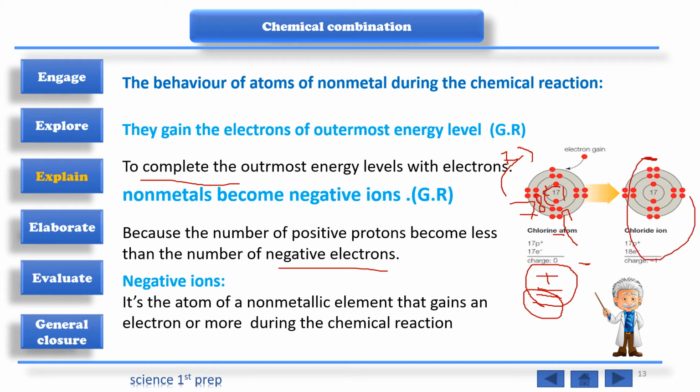It is the atom of a non-metallic element that gains an electron or more during the chemical reaction, as opposed to the atom of a metallic element that loses. So when it gains one electron, the number of negatively charged particles, electrons, becomes more than the number of positively charged particles, protons, so they become negative ions.